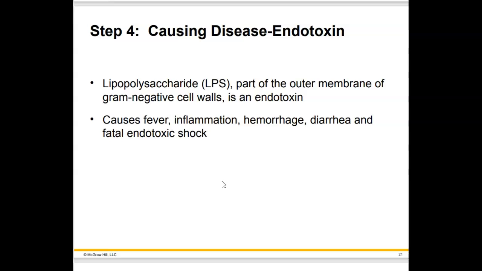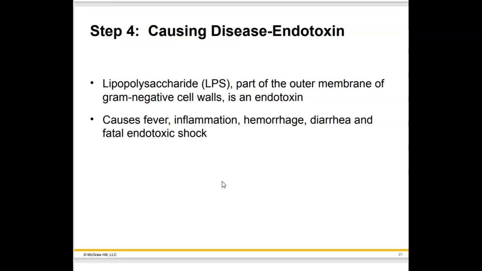All right. So when your immune system, or let's say antibiotics, kill gram-negative pathogens, then the endotoxins are released into the body, and they can cause symptoms. A lot of times you feel fever and chills and body aches and inflammation, the nausea.